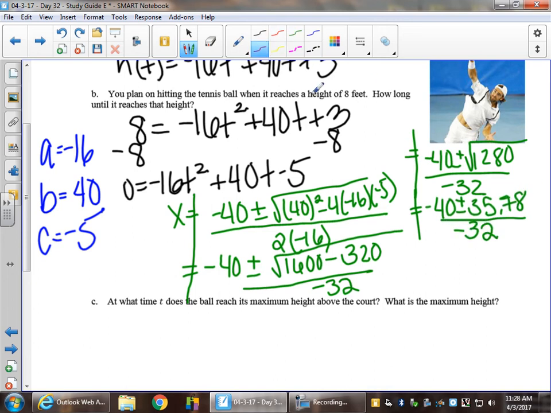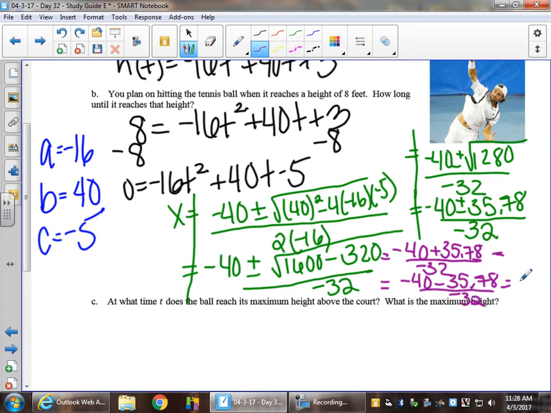So I'm going to have two answers. I'm going to have negative 40 plus 35.78 all over negative 32, and I'm going to have negative 40 minus 35.78 all over negative 32. What do I have for the first answer?